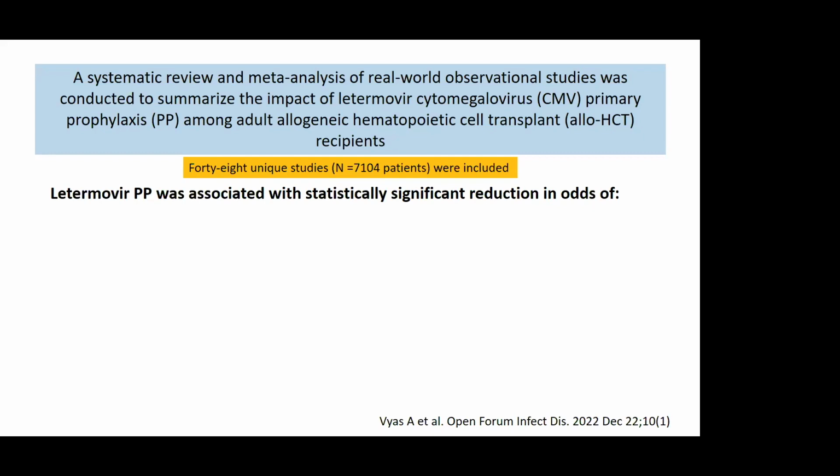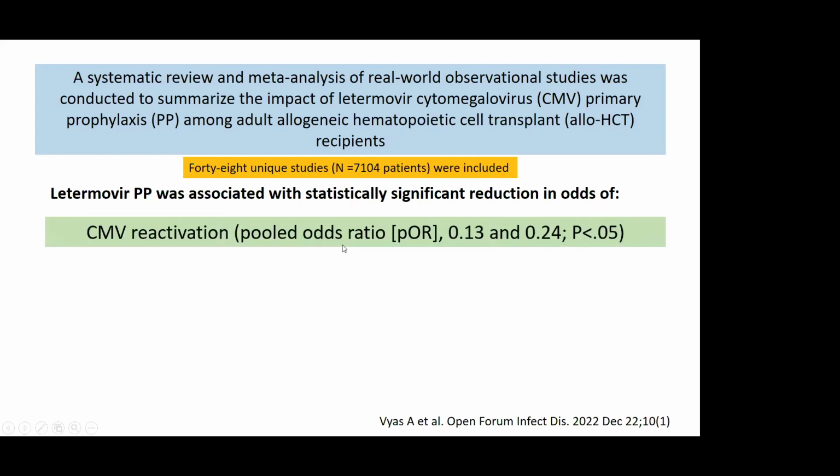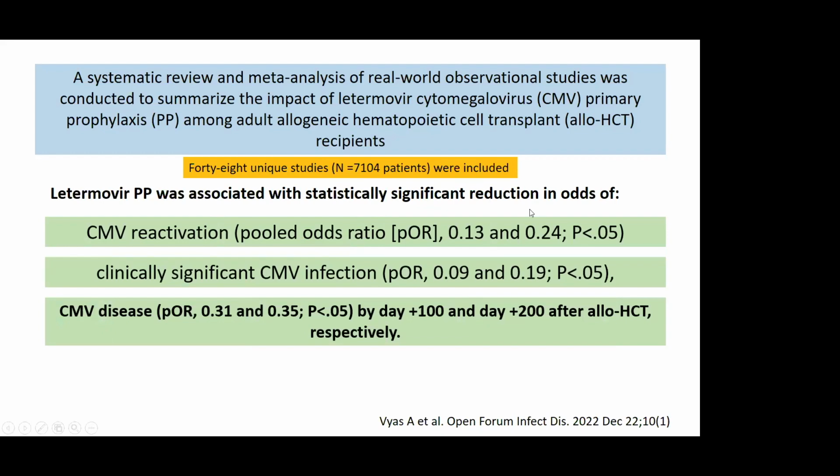and I'm just going to give you the headlines of the systematic review because it's big enough. It included 48 unique studies, 7,000 patients, and it showed letermovir prophylaxis to be statistically significantly associated with reduced odds of reactivation, and the p-values are included there.